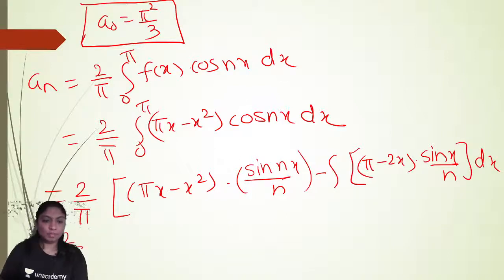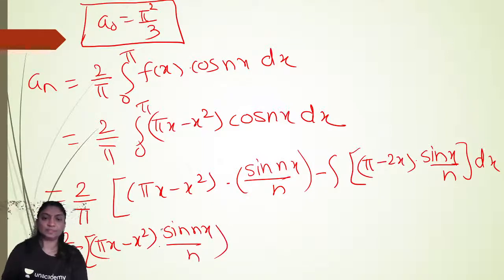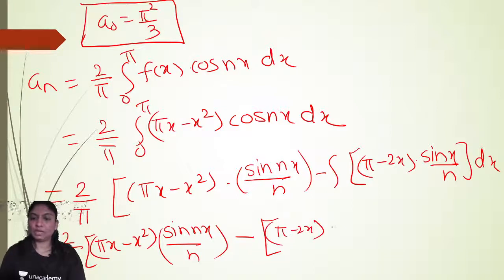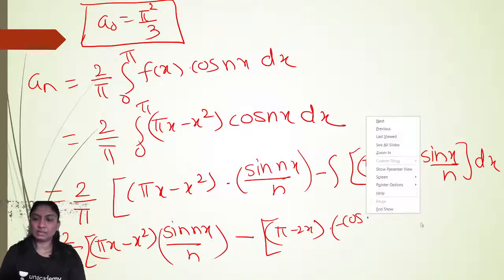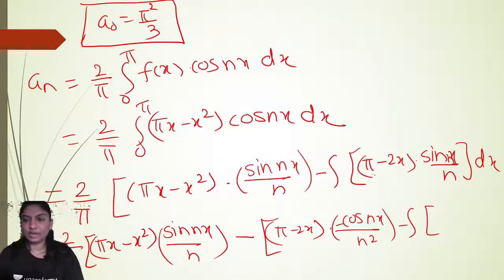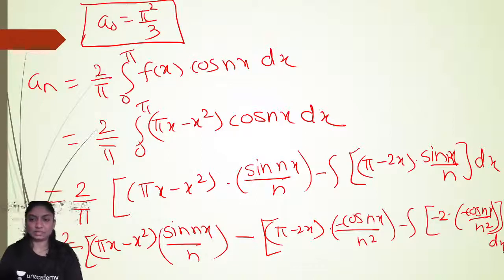So here 2 upon pi, bracket pi x minus x square into sin nx upon n, minus, now again here you have to apply the u into v rule: retain the first into integral of second, that is minus cos nx upon n square, minus integration of derivative of first, that is minus 2 into integral of second, minus cos nx upon n square dx, right?